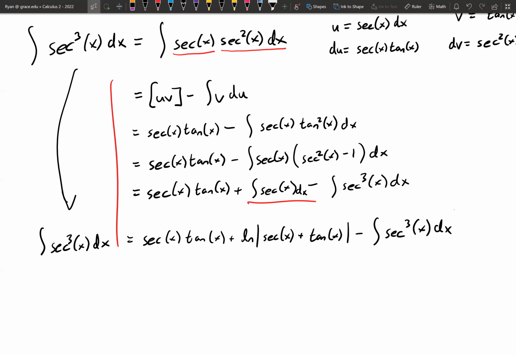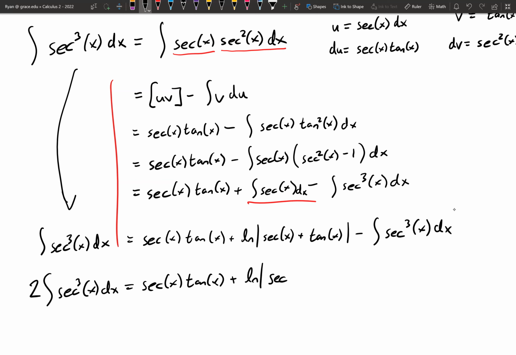So if you add the integral of secant cubed to both sides, you have 2 times the integral of secant cubed of x dx equals secant of x tangent of x plus the natural log of the absolute value of secant of x plus tangent of x. And then somewhere in there, I should have had a plus c.